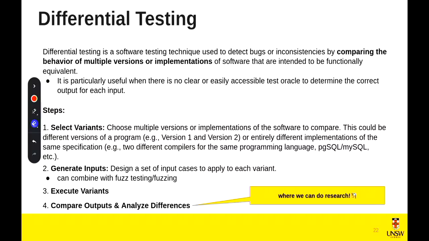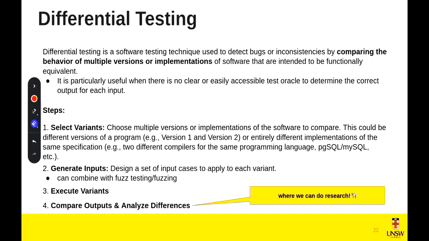And you may think that, okay, this is very simple. We just compare the differences between similar implementations. But what can we do in depth? Actually, comparing the results and analyzing the differences is not very trivial most of the time, because for compilers or databases, we don't just want to compare the final result.